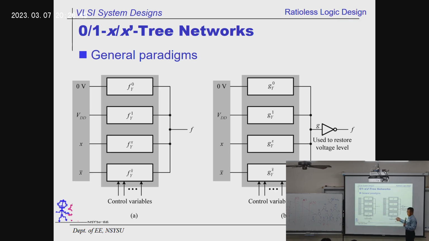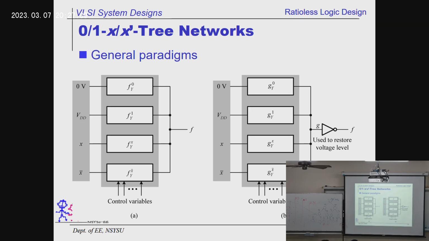And these are based on the N switch. So it needs to add an inverter or buffer at the output. Okay, and we have 4 paths over here. This is for 0, this is for 1, this is for x, and this is for x bar.